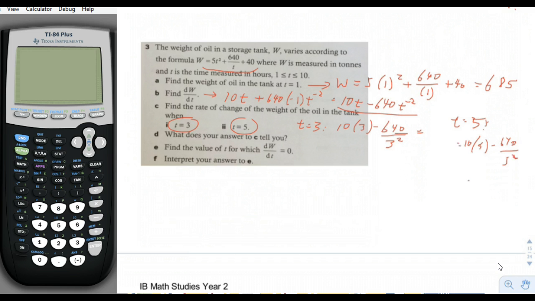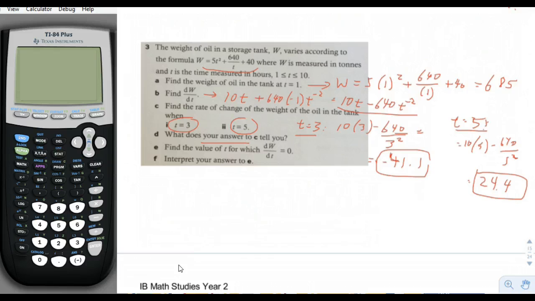Let me solve both of these. At t equals 3, dW/dt is equal to negative 41. And at t equals 5, dW/dt is positive 24.4. What does your answer to C tell you?